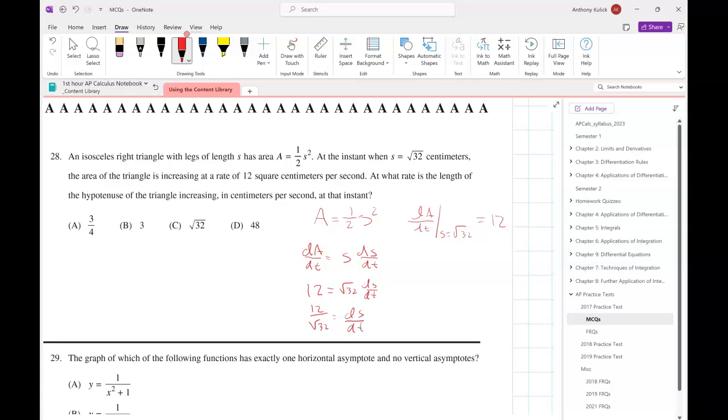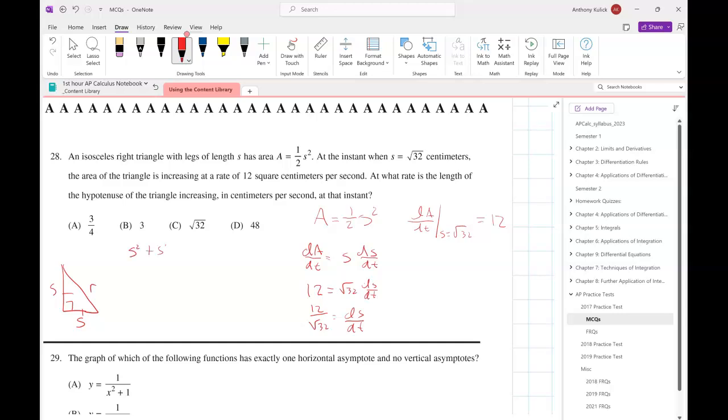The question's asking for dr/dt, right, the rate of change of the hypotenuse. Do I have another equation that relates s and r? What would it be? Yes, the Pythagorean theorem.